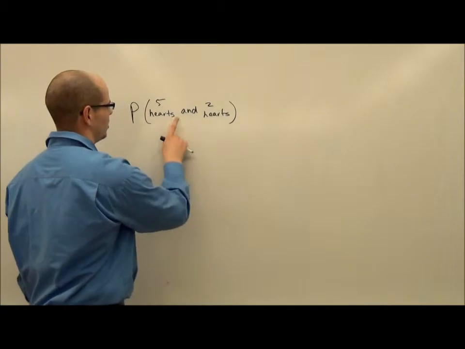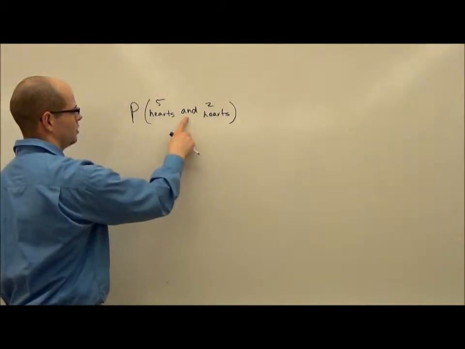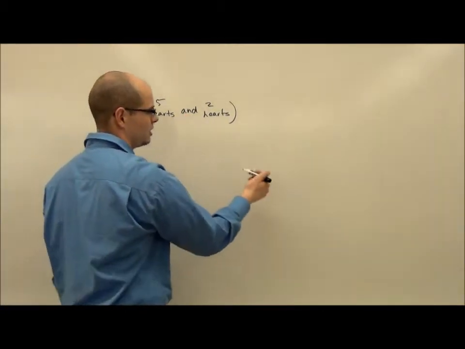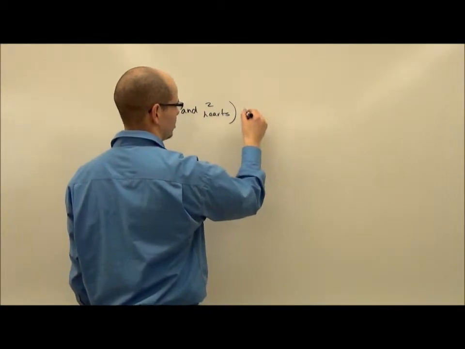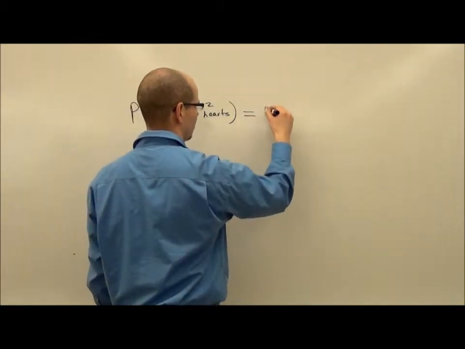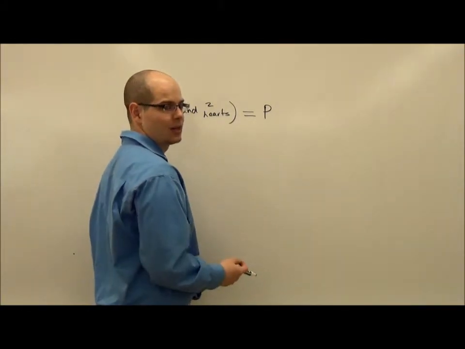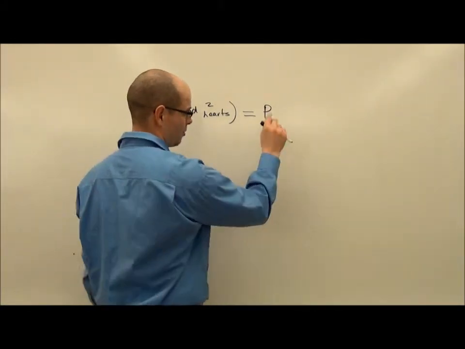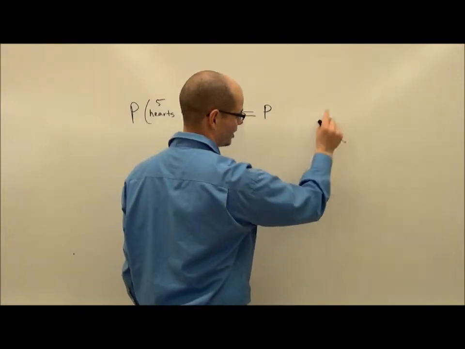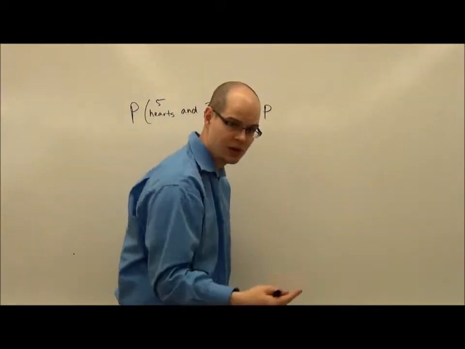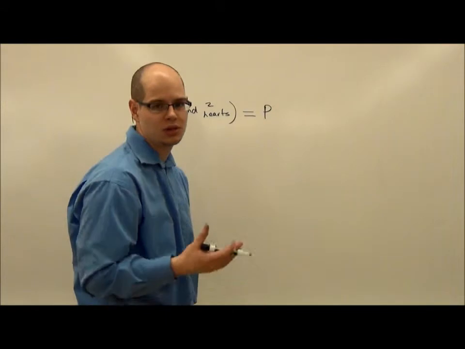Okay, so this word and that was shown in the problem told me that it was an independent, dependent type question. So the formula for that is going to be the probability of the first event times the probability of the second event. If you had 3 or 4 events, then it'd be the probability of the first times the probability of the second times the probability of the third, and so on. But we've only got 2 draws here. We've got 2 cards.